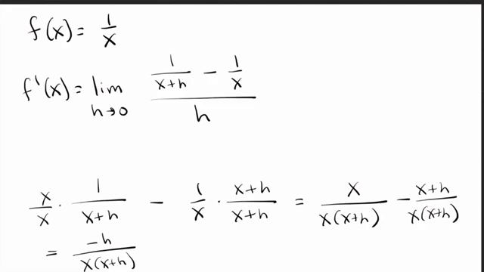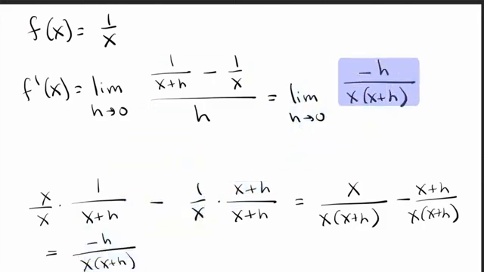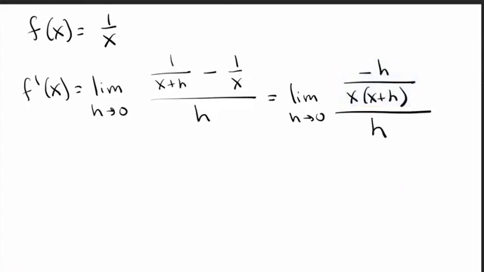Okay, so let's go ahead and put that in on the top. So I'll keep my limit. And then we just saw that the top can be rewritten as negative h over x times x plus h, that whole thing over h. Okay, let's keep going. So the next step is just to clean this up a little bit. And what I want to do is just not have this double fraction. So dividing by h is the same thing as multiplying by 1 over h.